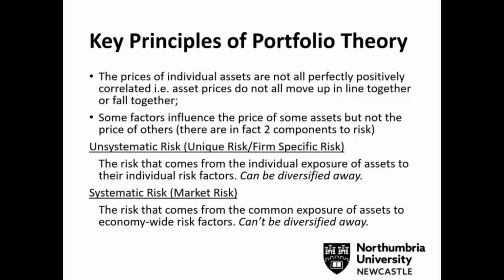So you've got unsystematic risk. You might also see the term idiosyncratic risk. Again, the risk of the individual firm. This is where you put your egg in one basket. Then you also have what's known as market risk or systematic risk. And this is something you can't diversify away because it will always persist. The market will always go up together or down together. There is more economic-wide factors that impact portfolios.